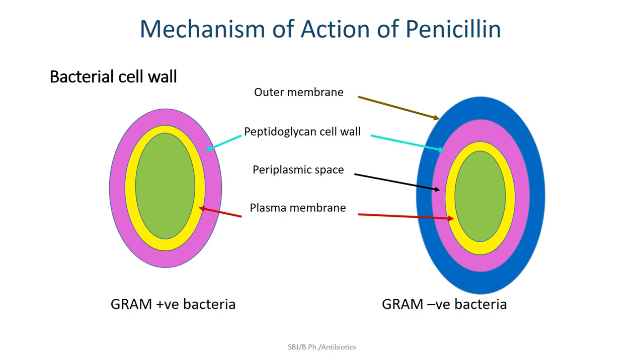The enzyme transpeptidase catalyzes this cross-linking process of peptidoglycans. And all beta-lactams disrupt the synthesis of bacterial cell wall by interfering with this enzyme transpeptidase and hence inhibiting the cross-linking process.